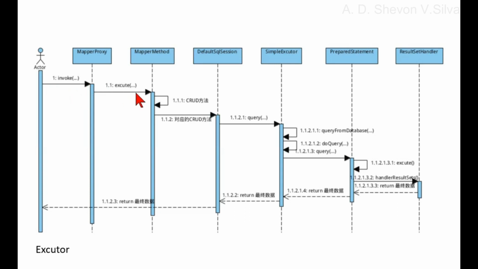The mapper method is like a distributor, it chooses different SQL session methods to execute according to the parameters and return value types. In this way, the mapper object and SQL session are truly associated.